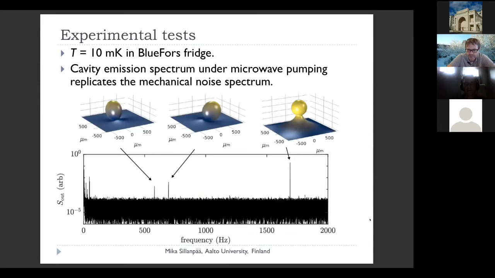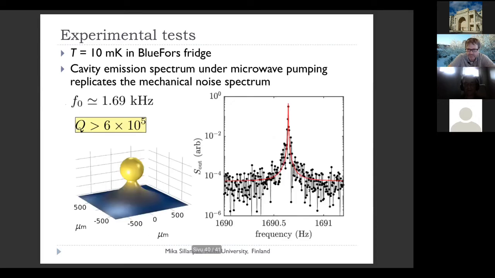And it worked. We can identify three mechanical modes in this system. This is the main drum mode, and then there are these two lower frequency modes where the sphere is wobbling back and forth. And this main mode had a very nice Q value, nearly 1 million.